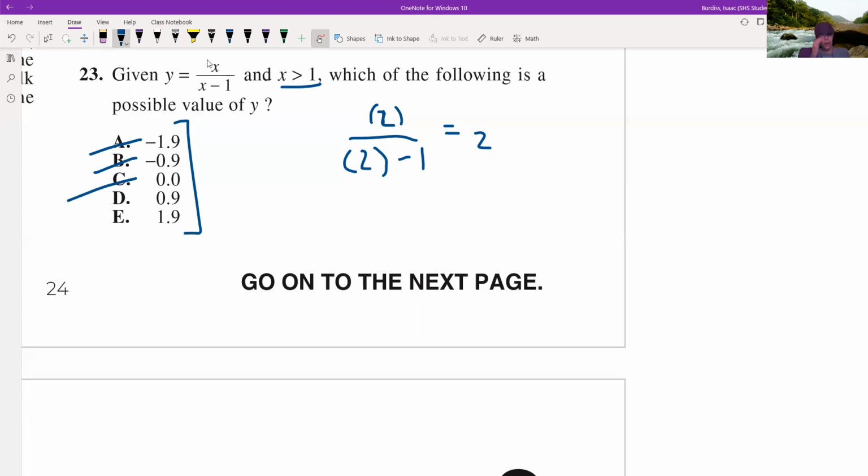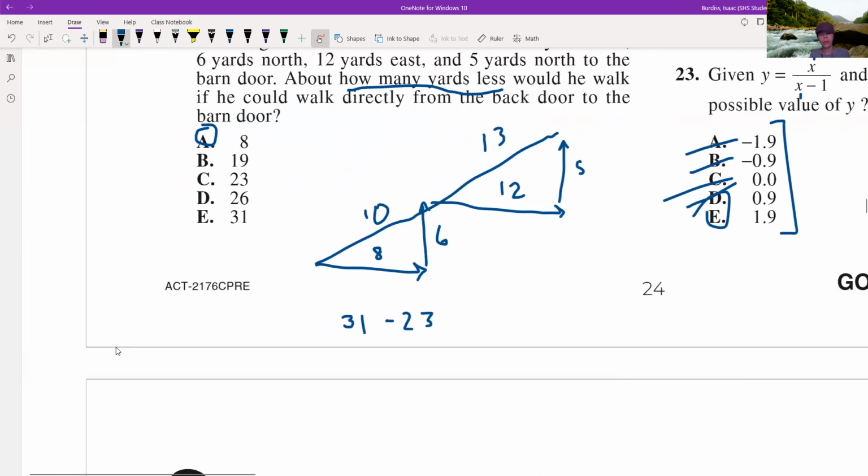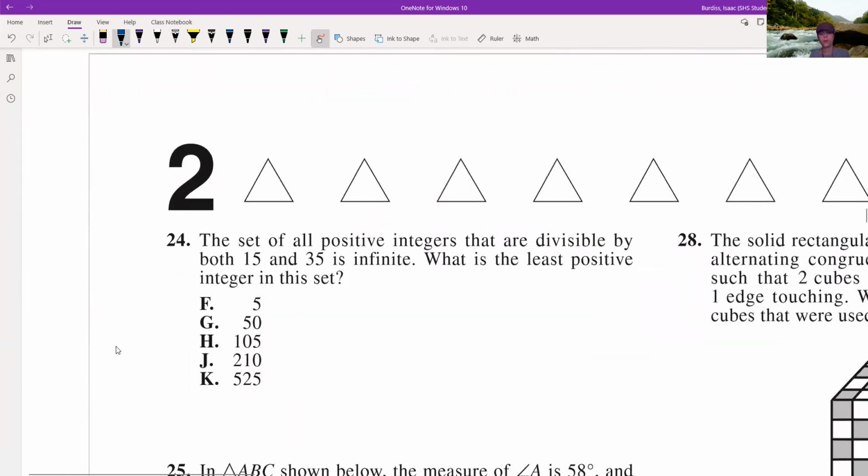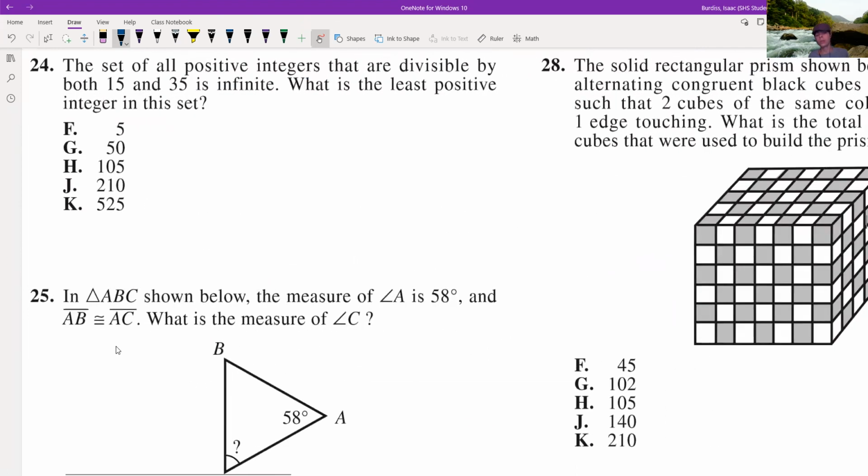Because if you plugged in 1 for x, which it can't be because it has to be greater than 1, y would be 1. So y would have to be greater than 1. So therefore, the answer is 1.9. I hope that's not too confusing, but you just have to think that's what the ACT wants you to do. Just find a shortcut, because it's going to take a long time to do the thing I said at first. Okay.